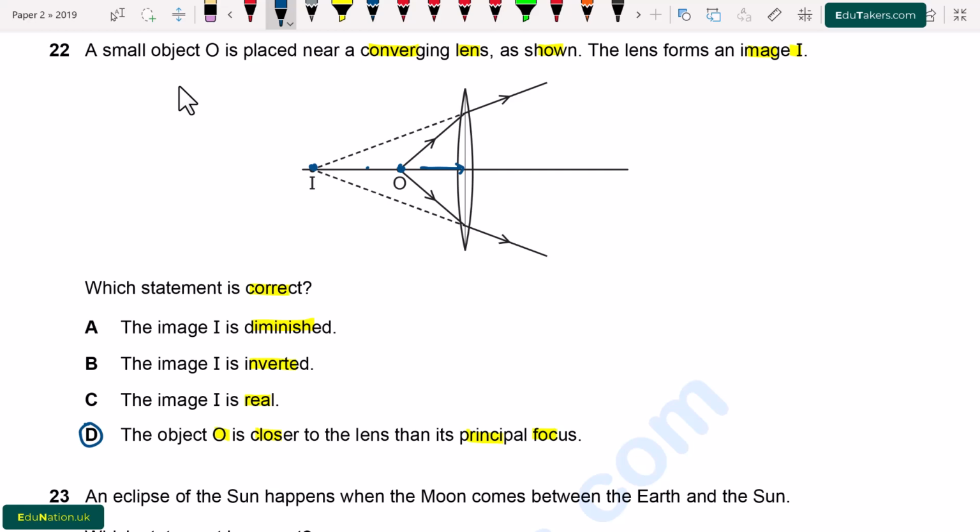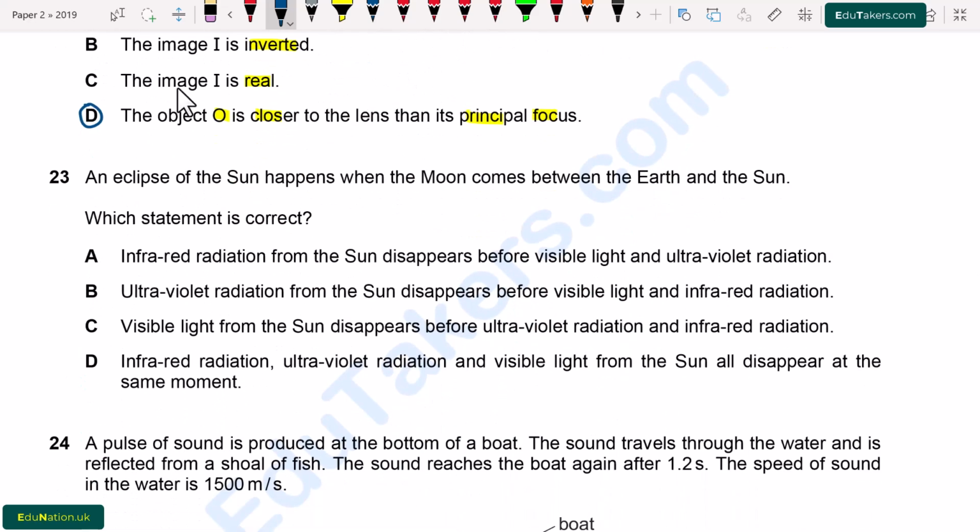Question number 23. An eclipse of the sun happens when the moon comes between the earth and the sun. Which statement is correct? Option A. Infrared radiation from the sun disappears before visible light and ultraviolet radiation. Option B. Ultraviolet radiation from the sun disappears before the visible light and the infrared radiation.